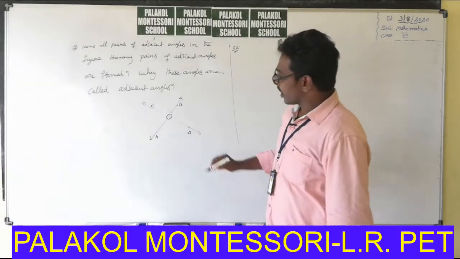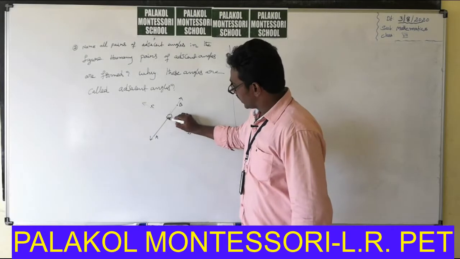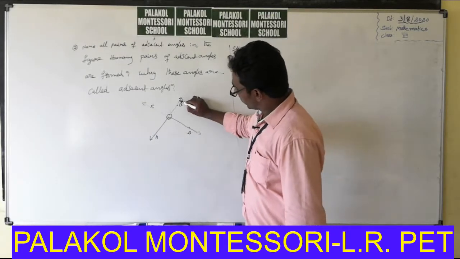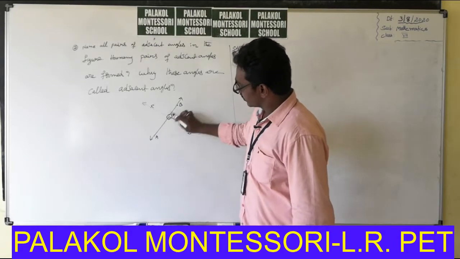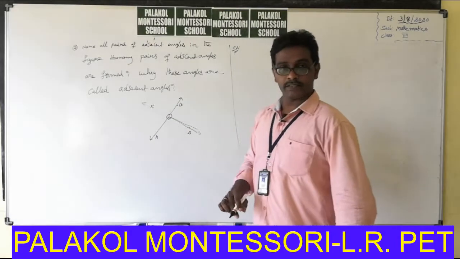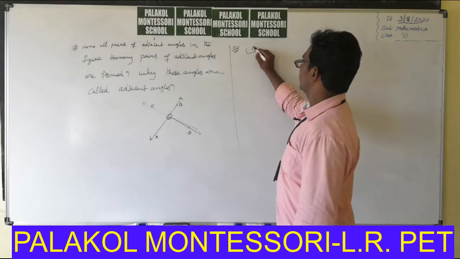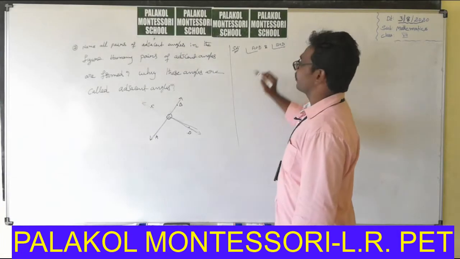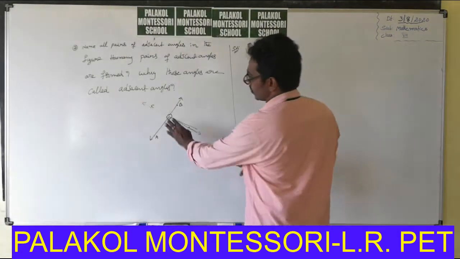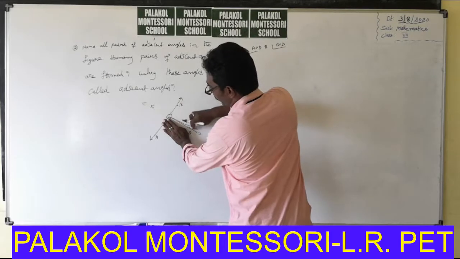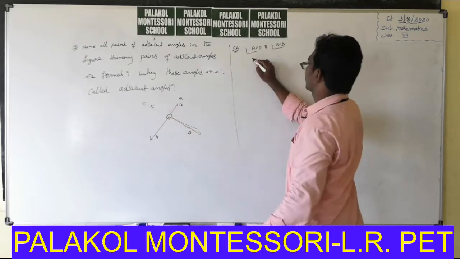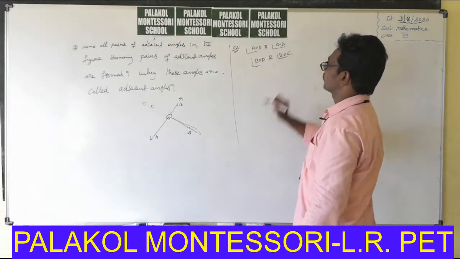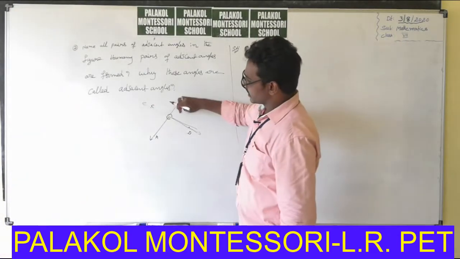Adjacent angles means common arm. This is one angle. These all meet at O. This is another angle. These angles have a common arm and a common point. So angle AOD and angle BOD is one pair of adjacent angles. On this side, BOD and BOC, that's another pair.